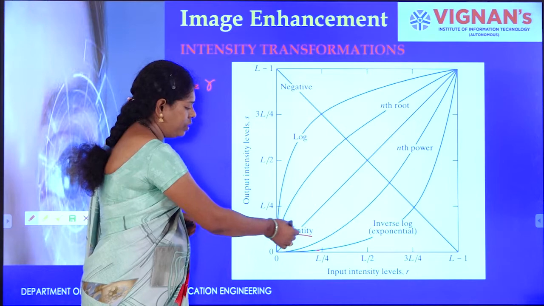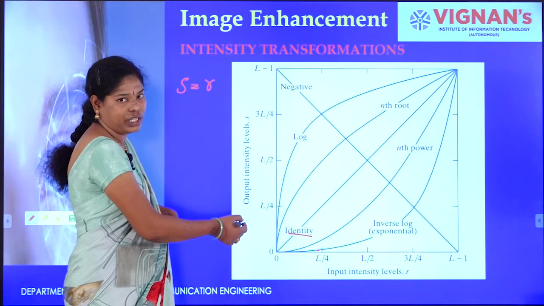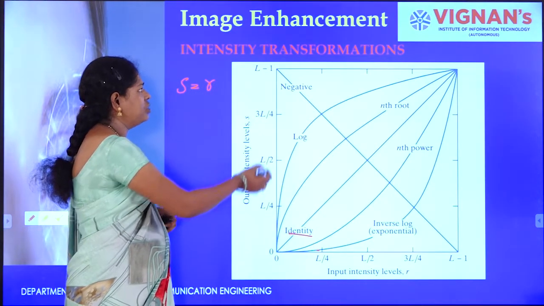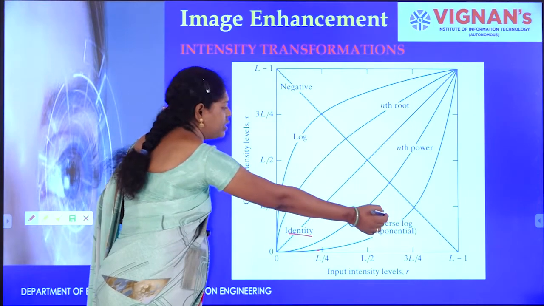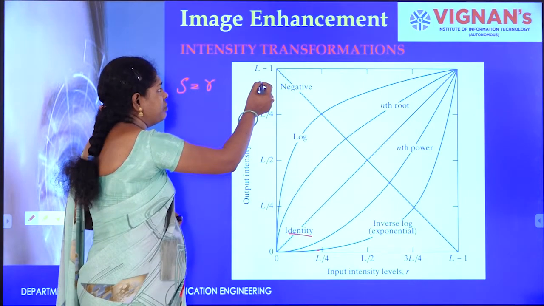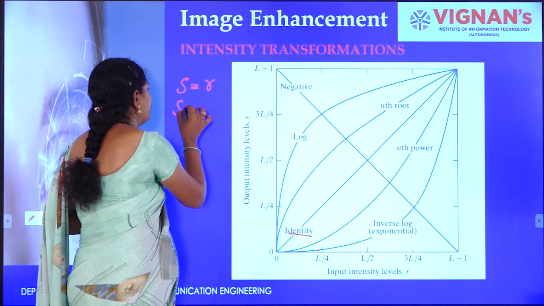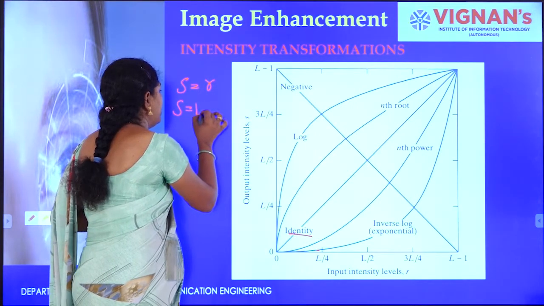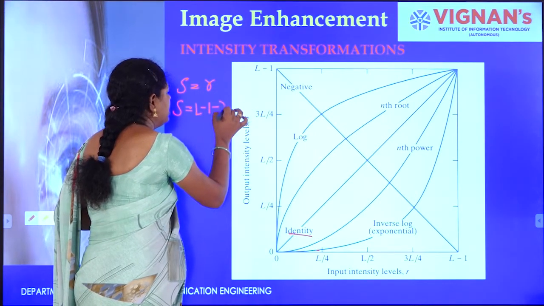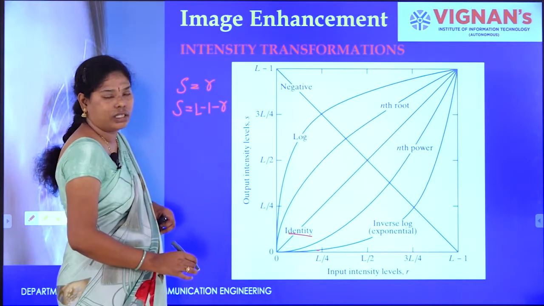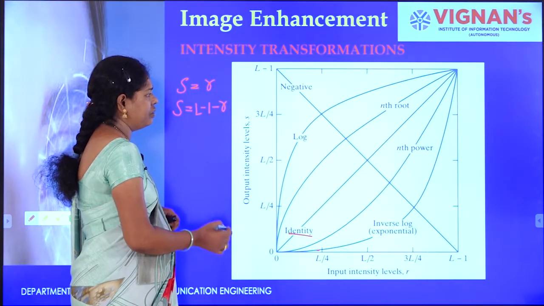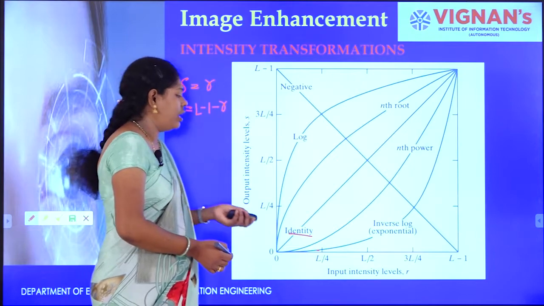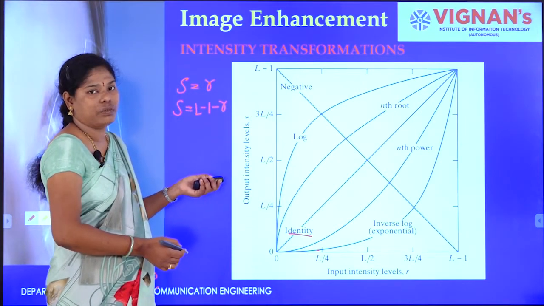Here the output image is not changed, it is the same as it is. Coming to the next transformation, that is the negative, s is equal to the maximum, that is L minus 1 minus r. That is the negative we are getting.